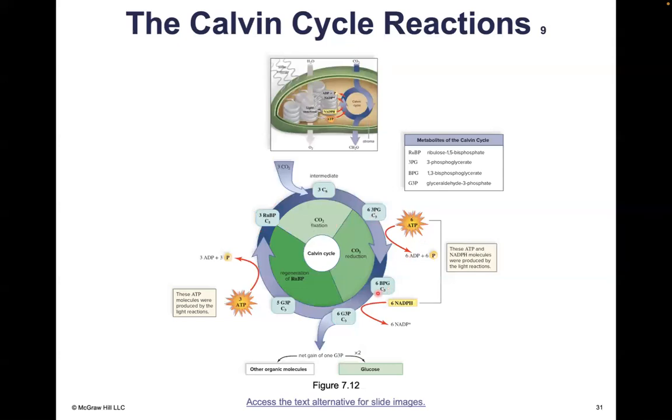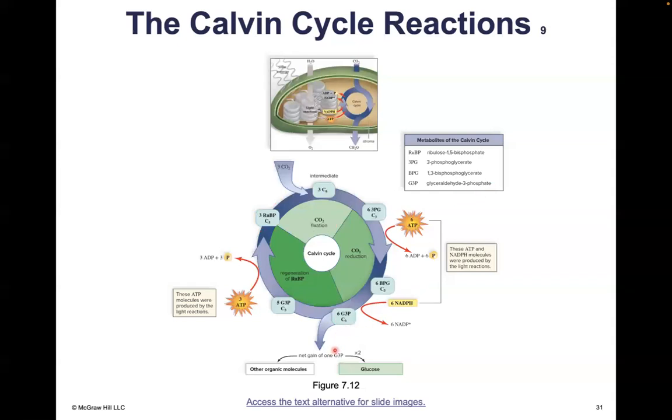After that, we've got six molecules of three phosphoglyceric acid, or you call it 1,3-bisphosphoglycerate. It's got three carbon molecules, we call it triose. It's been converted into six molecules of glyceraldehyde 3-phosphate, G3P.